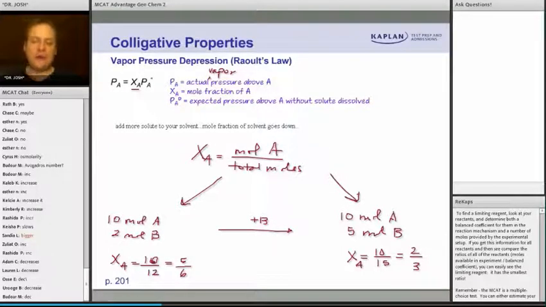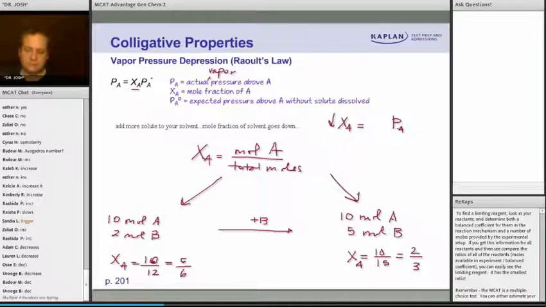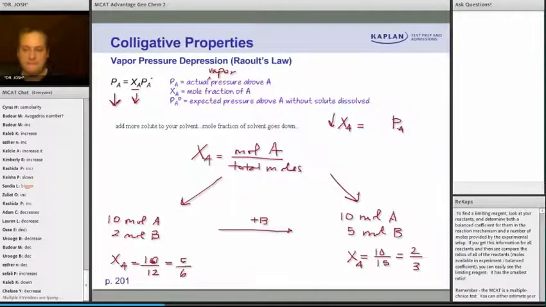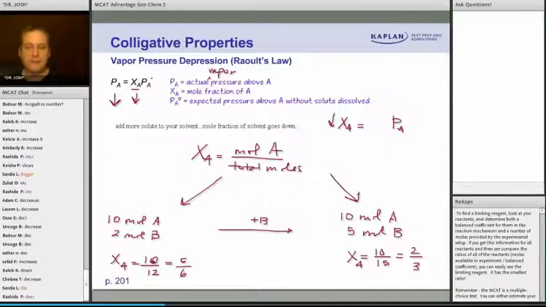So as you add more solute, you add more total moles, but there's the same amount of solvent you started with. So as you add more solute, your mole fraction of solvent goes down. Well, if I decrease my mole fraction of solvent, what's going to happen to the vapor pressure? If I decrease XA, I'm going to decrease it as well.